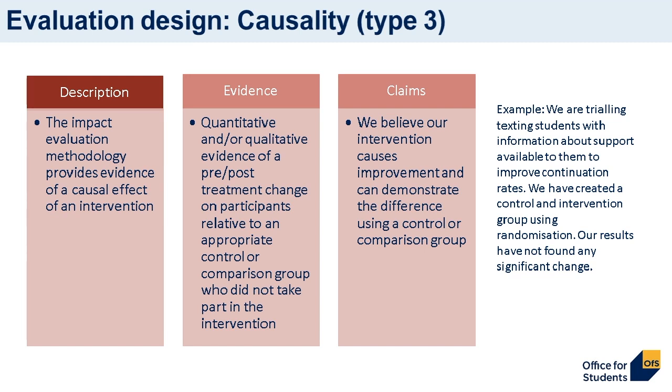And in this example, the provider is trialling a text message activity to improve continuation rates by providing links to resources. And they have a control group, and they've used randomization to ensure that they could isolate the effect of their intervention. And in this example, they didn't actually find any significant change, but if they had, the claim that they could make is that their intervention is causing improvement.